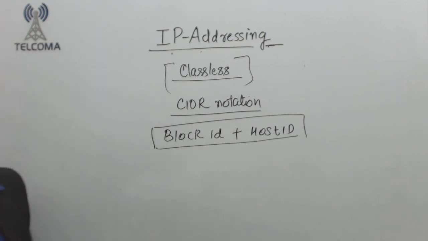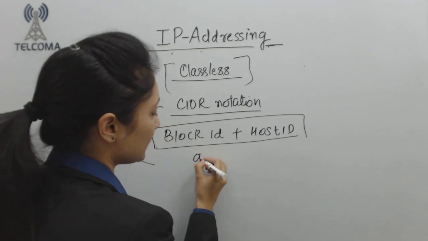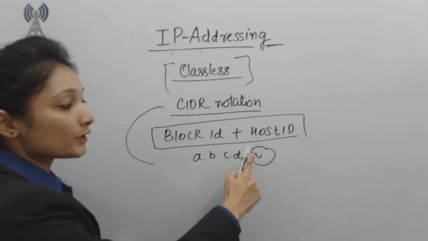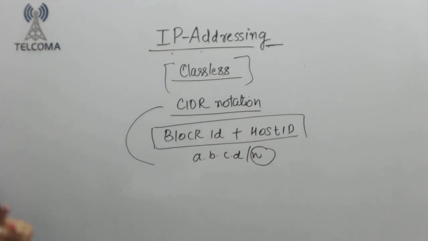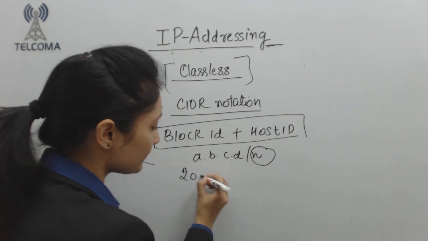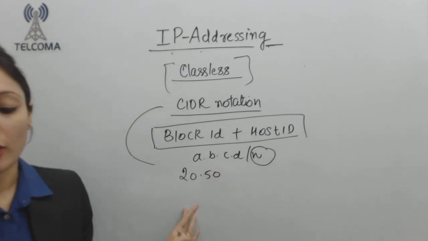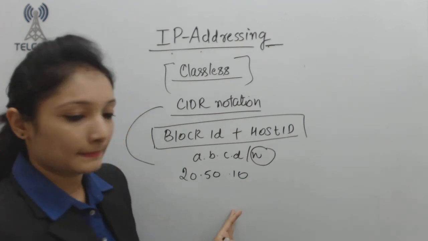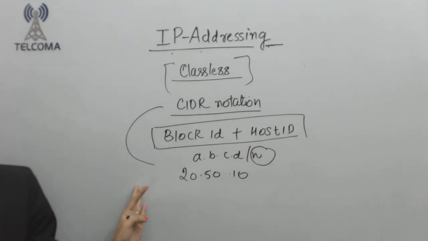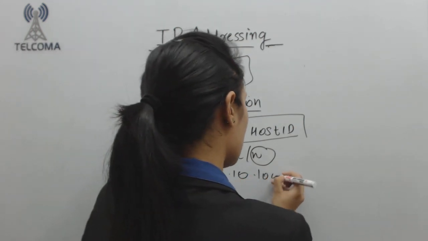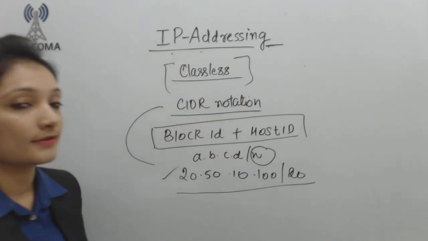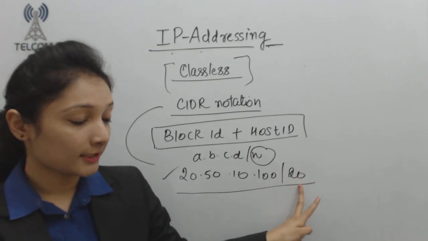So how does it work? This notation is like this: A.B.C.D slash N. This N here is the network ID, the number of bits used for the network ID. For example, if I have an address like 20.50.10.100 slash 20, according to classful you would not call this a classful address.